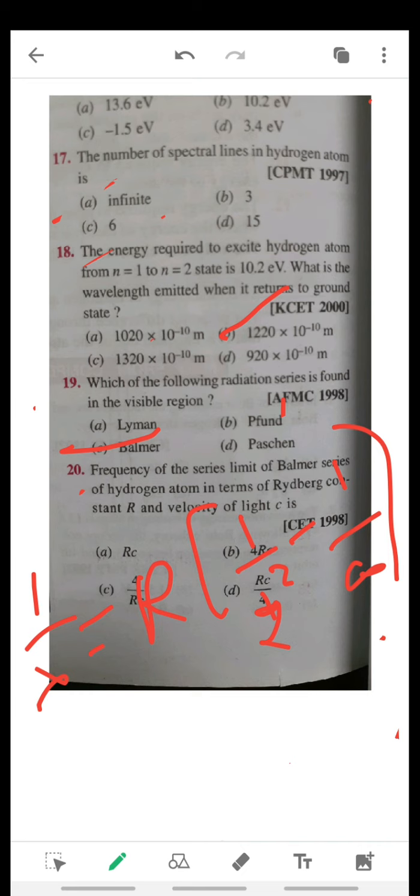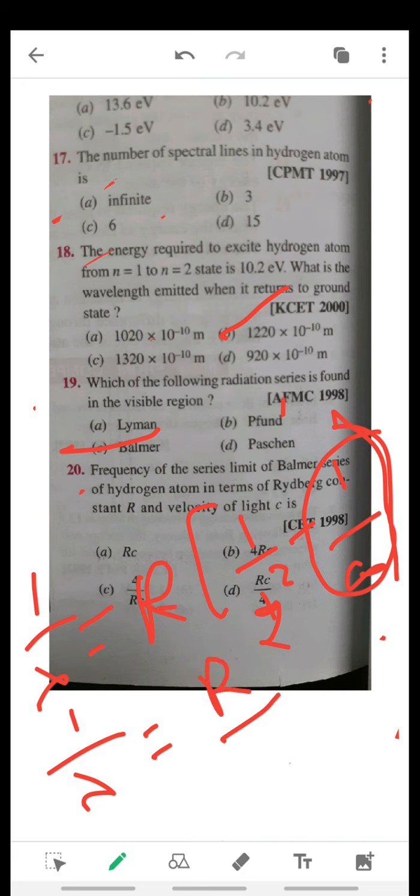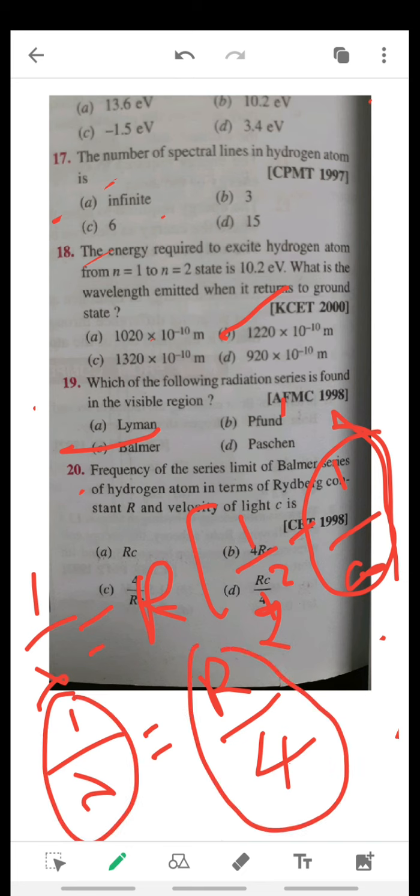Electrons jump from infinity to the second level, that is Balmer, and 1 by infinity is 0. So 1 by lambda equals R divided by 2 square, and 2 square is 4, so 1 by lambda equals R by 4.